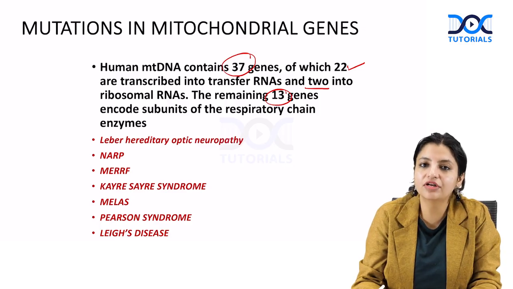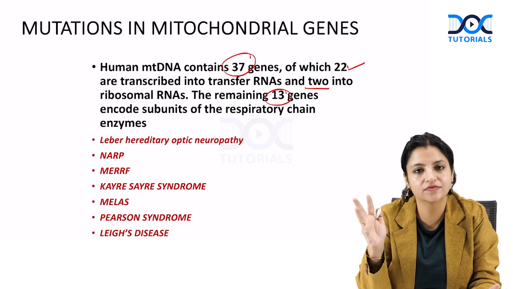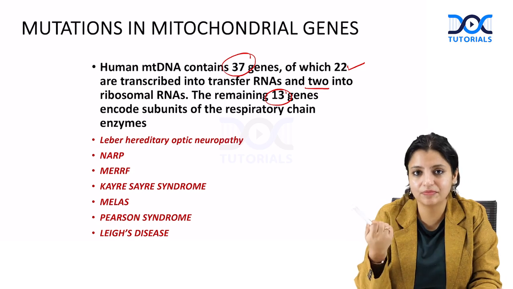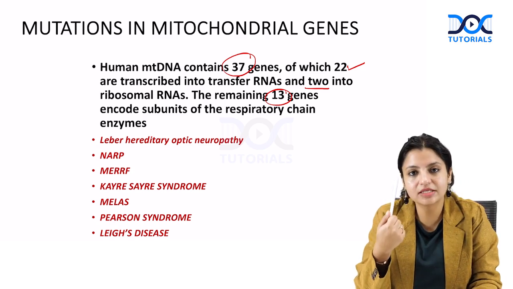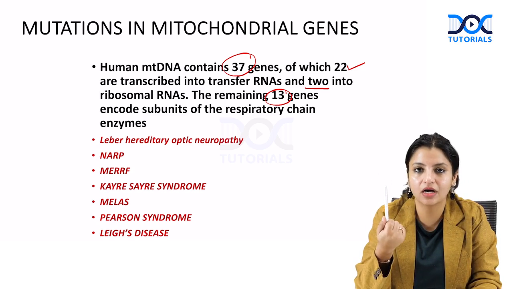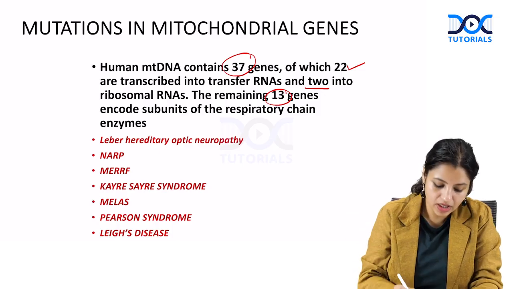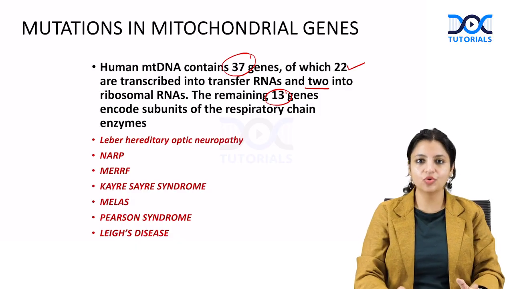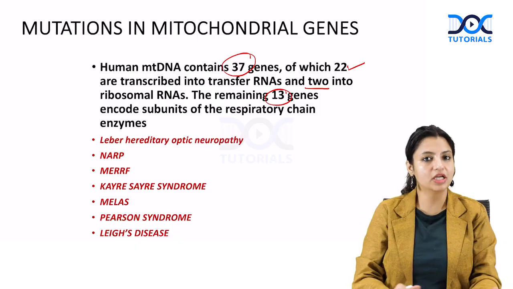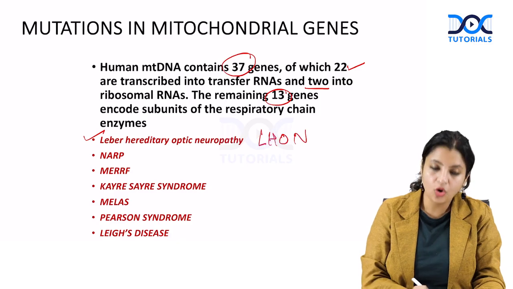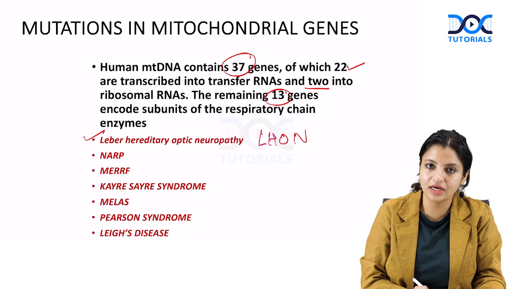Whenever we have a defect in mitochondrial inheritance, it usually involves CNS, eye and nerves. Majority of patients have symptoms of CNS like epilepsy, or symptoms of eyes like retinitis pigmentosa or optic neuropathies, or some nerve problems. They have been given particular names like LHON, Leber hereditary optic neuropathy, or NARP, neuropathy, ataxia, retinitis pigmentosa.